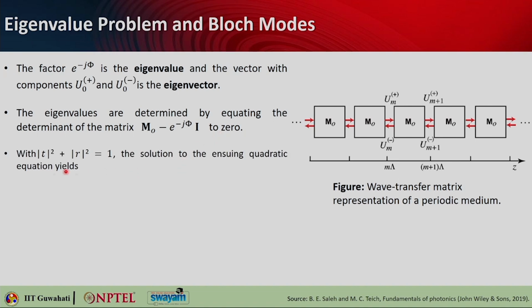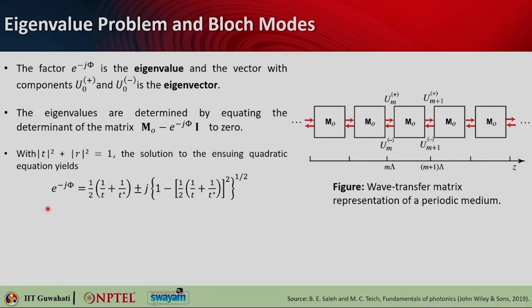Okay. Now, we already know that these are non-absorbing materials. So, the square of the amplitude transmission coefficient plus the square of the amplitude reflection coefficient is equal to 1. In that case, you can find the value of e to the power minus j phi, which can be given as this quantity.